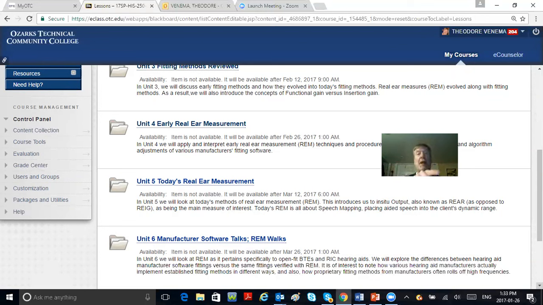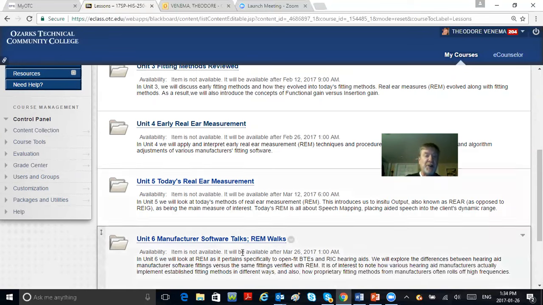The audiogram is displayed on the monitor, and then you can see what unaided speech looks like across the guy's hearing loss. And then you can see what the aided speech looked like. Perfect visual tool for counseling. So today's real ear is a totally different kettle of fish from early real ear, okay?